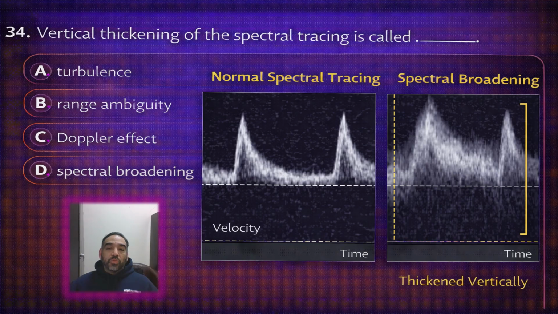So it has nothing to do with waveform thickness. Now, if you think normal laminar flow, you'll see thin, clear spectral windows and sharp envelopes. With disturbed flow, you'll have the window filling in, waveform thickening vertically, and a broad range of velocities. And so that's spectral broadening.